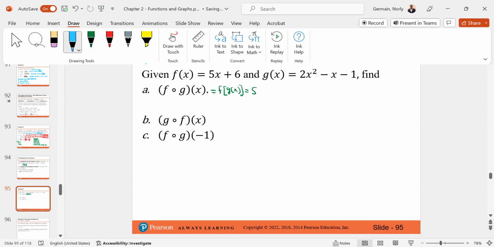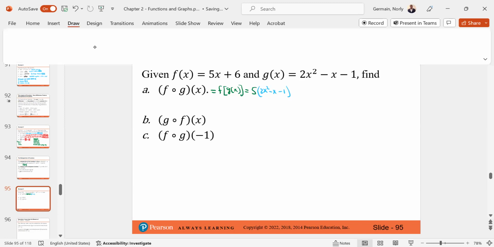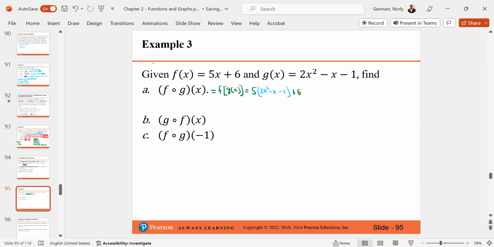So this is what we have: 5 times (2x squared minus x minus 1). You see, the only x I have here, I replace it by g of x. So I can distribute the 5: 10x squared minus 5x minus 5, plus 6.